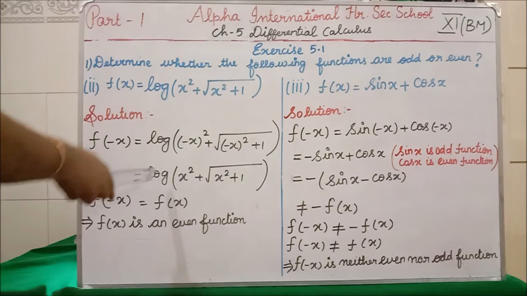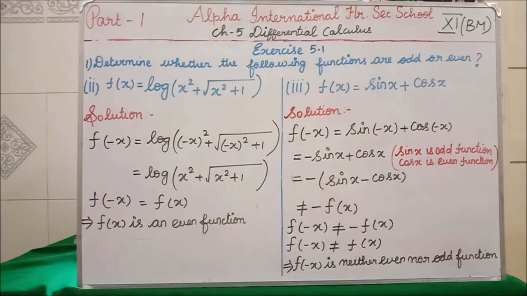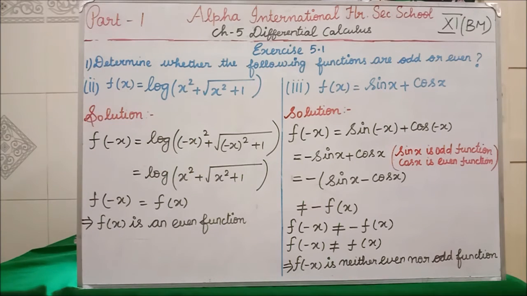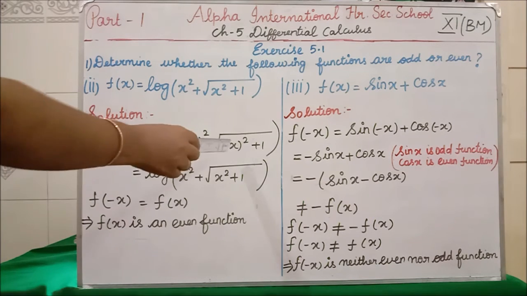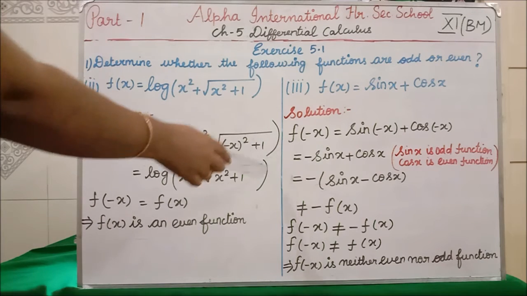Okay, is equal to log, this minus x the whole square means what? Minus x into minus x. Minus x into minus x is what? Plus x square. So I am writing here plus x square plus square root of, here also minus x the whole square we are having, which means minus x into minus x. So minus x into minus is positive x square plus 1.